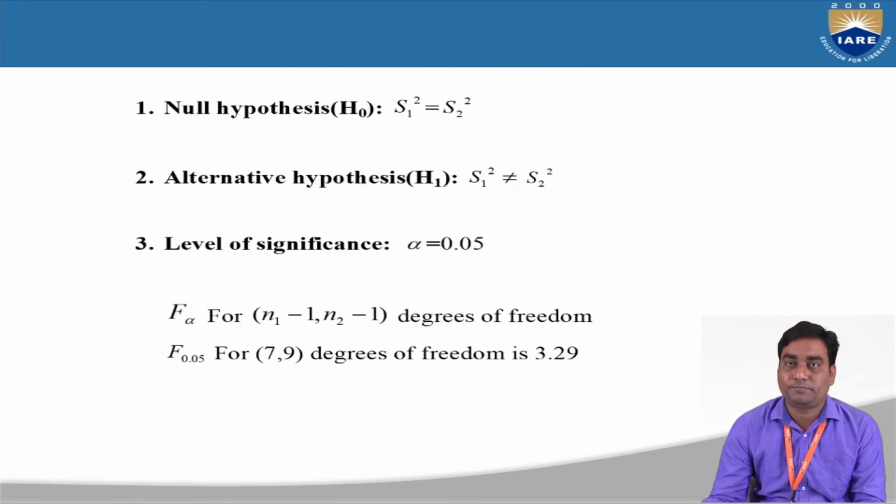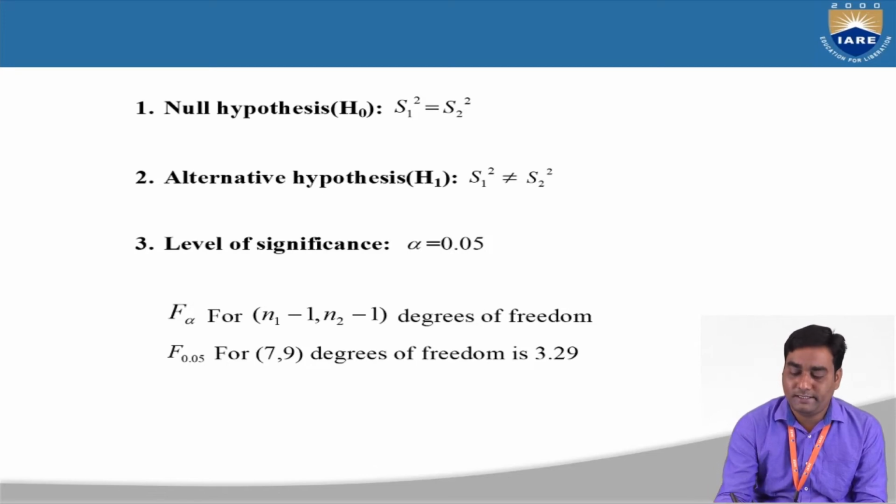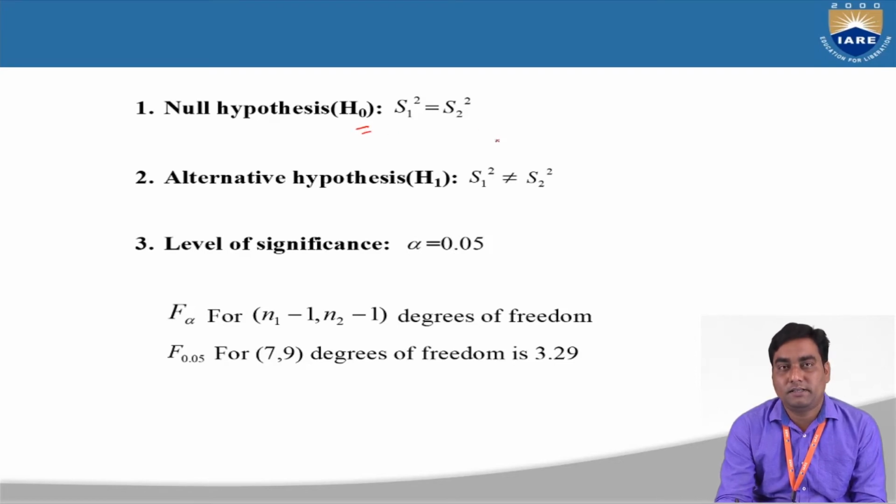Step 1. We know that step 1 is the null hypothesis, which is denoted by H naught. What is the null hypothesis? We are going to assume that whatever statement is given is true. What statement is given in the problem? Is there any difference between variances of the samples?